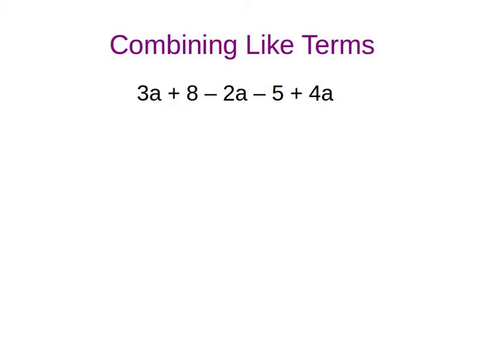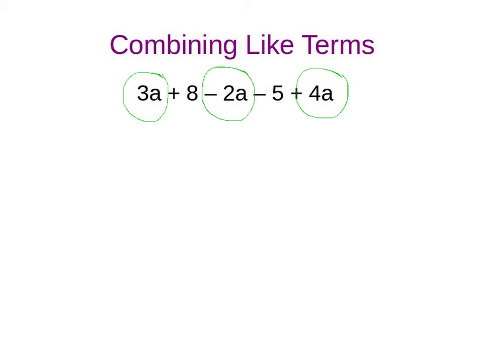Let's start by identifying our like terms. We can look for terms that have the same variable in our expression. 3a, negative 2a, and 4a all have a as their variable. Since they have the same variable, they are like terms.